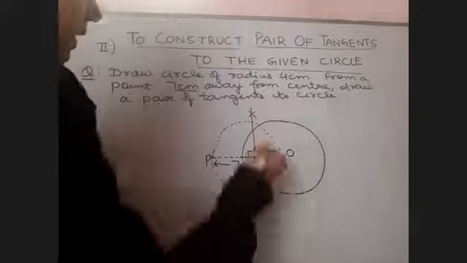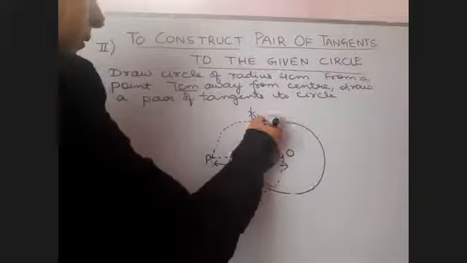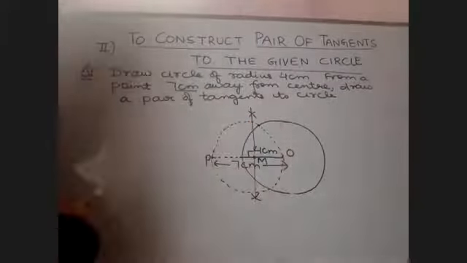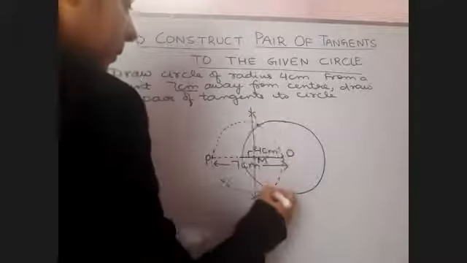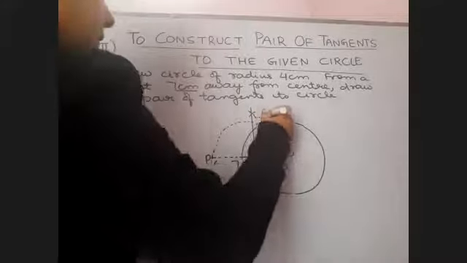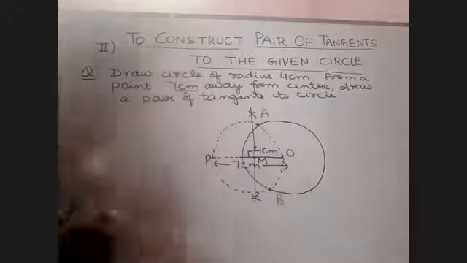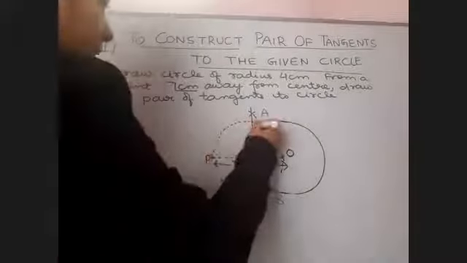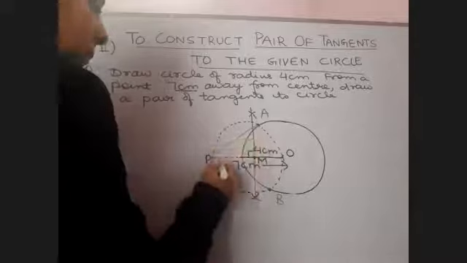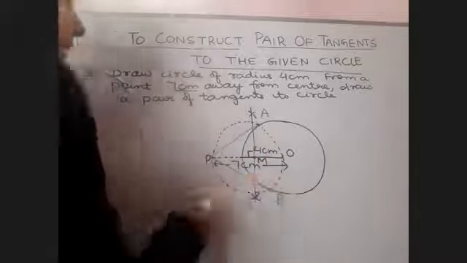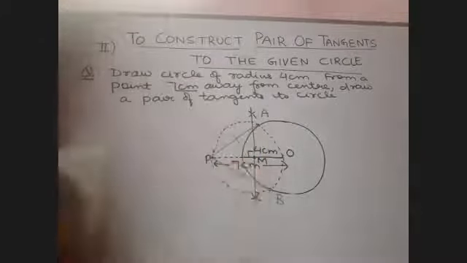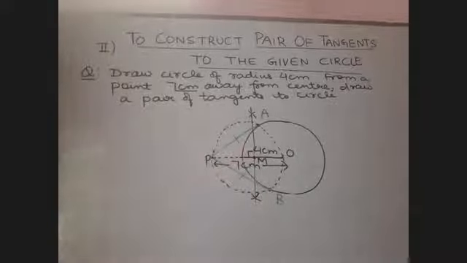Now, wherever these two circles intersect, call those points A and B. Join PA and PB. These two are your required tangents to the circle.